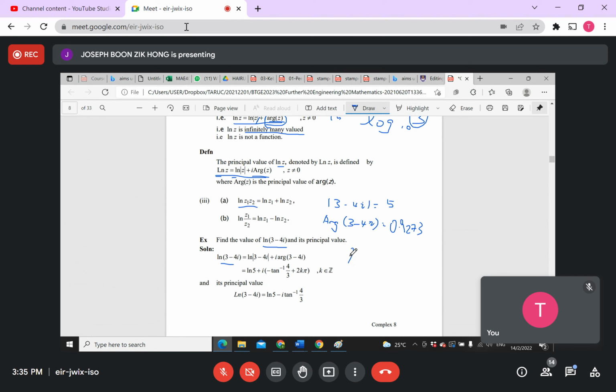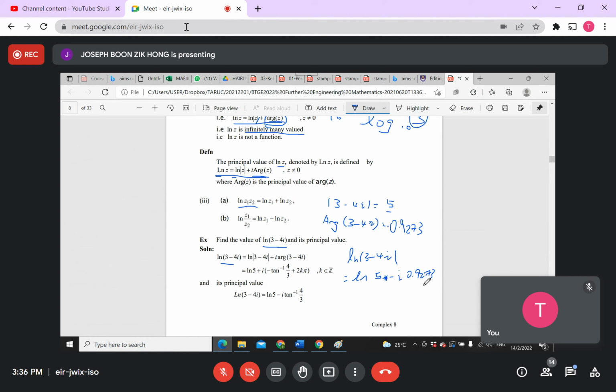According to the formula here, ln of 3 minus 4i will be equal to ln of the modulus, which is 5, plus the negative of this one, so minus i times 0.9273.